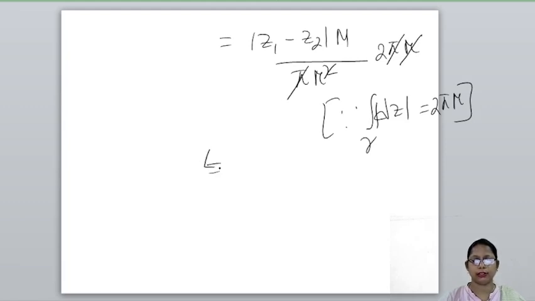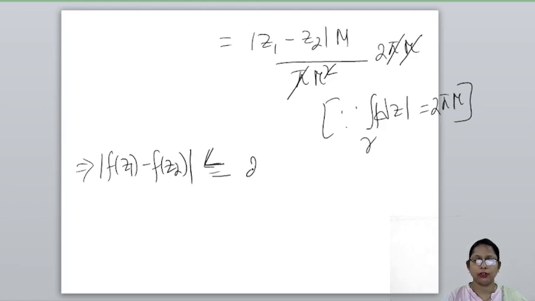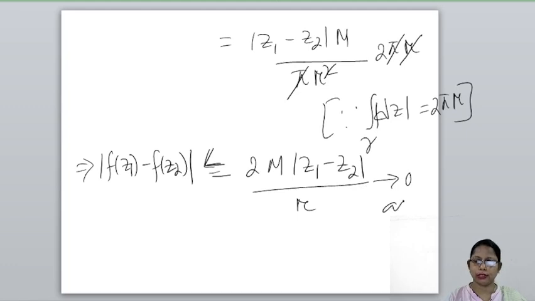This is less than or equal to, that means modulus of f(z1) minus f(z2) is less than or equal to 2M modulus of (z1 minus z2) divided by r, which tends to 0 as r tends to infinity.